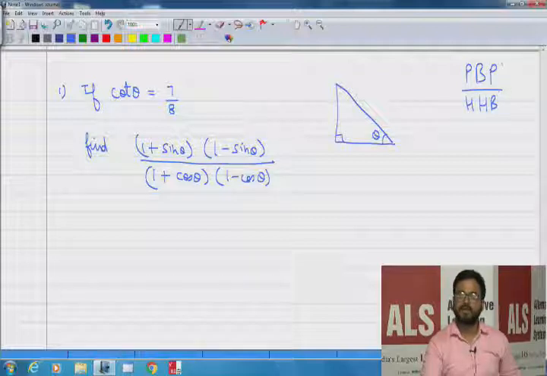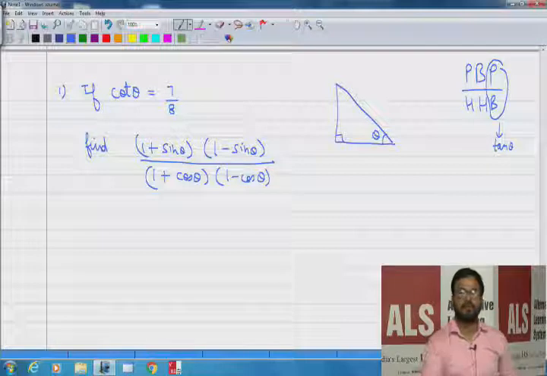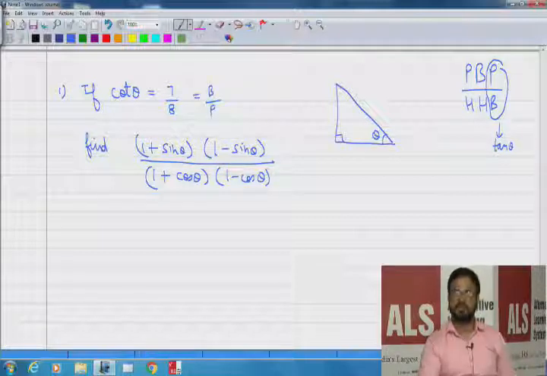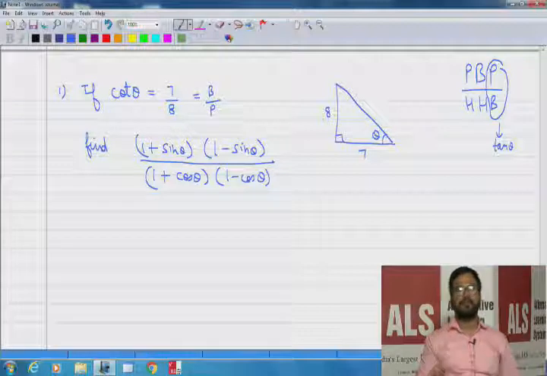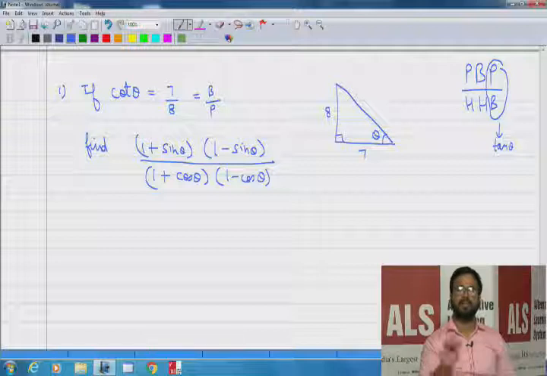So sin cos tan, this was for tan, and cot theta is the reciprocal of tan, so it is B upon P. So this is nothing but the ratio of base over perpendicular. So if this is my theta, base will be this one, 7, and this will be perpendicular, which is 8, right? So this is the first step which you always have to do, draw a right angle triangle and mention the two sides which are given by the ratio.